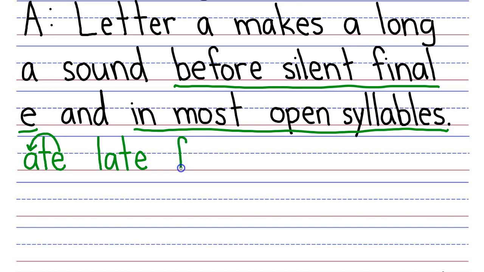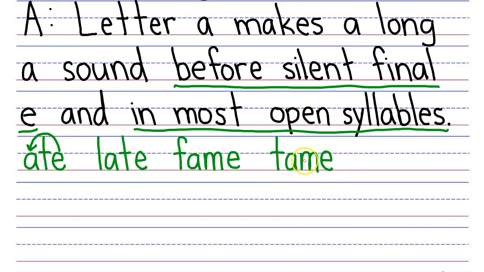We have an F that says F, an A that says A, an M that says M, and a silent final E. F, A, M, silent final E. Fame. Next word, tame. We have a T that says T, an A that says A, an M that says M, and a silent final E that makes the A make a long sound. T, A, M, silent final E.